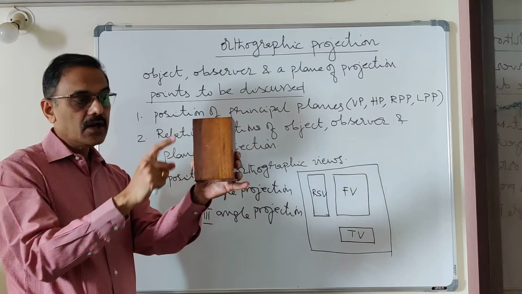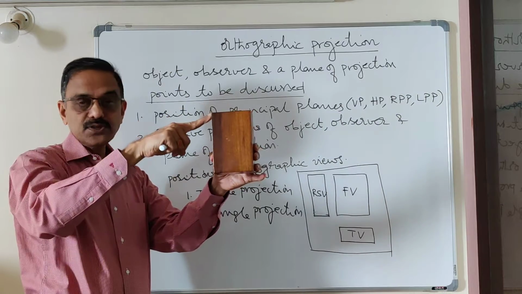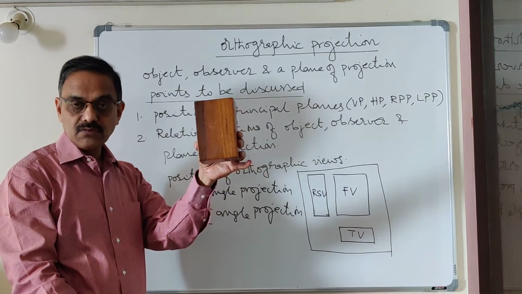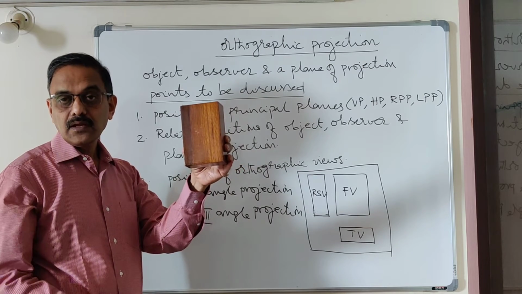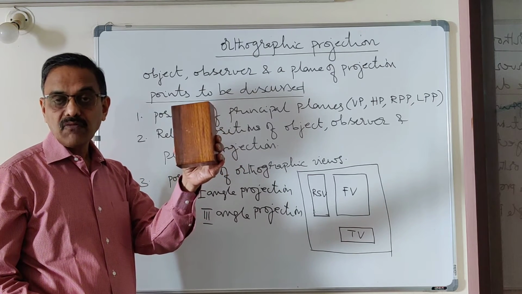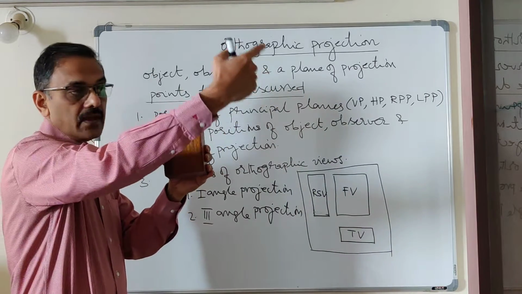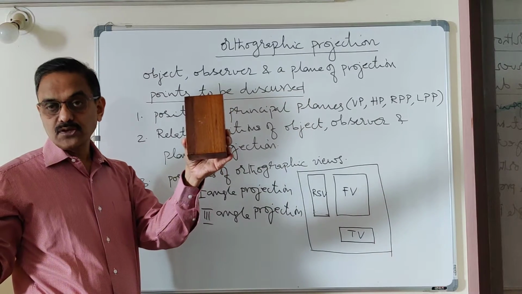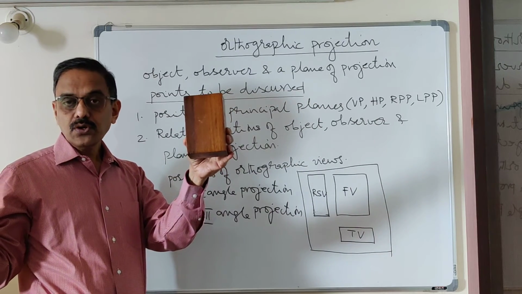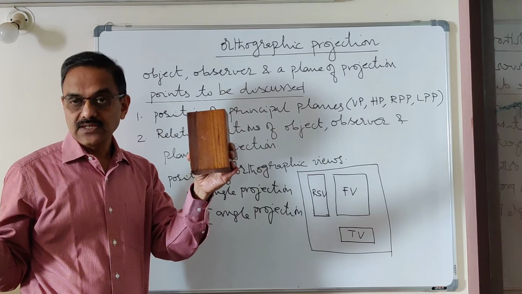Similarly, for the top view, I imagined the observer to be at the top. This is the object and this is the plane of projection. So once again, the object is coming in between. Now the third case, for getting the profile view: I imagined the observer to be on the right side. This is the object and this is the plane of projection. So the relative positions have been fixed in all three cases.